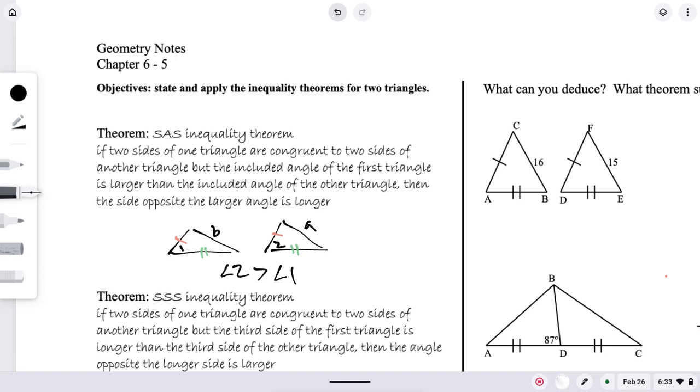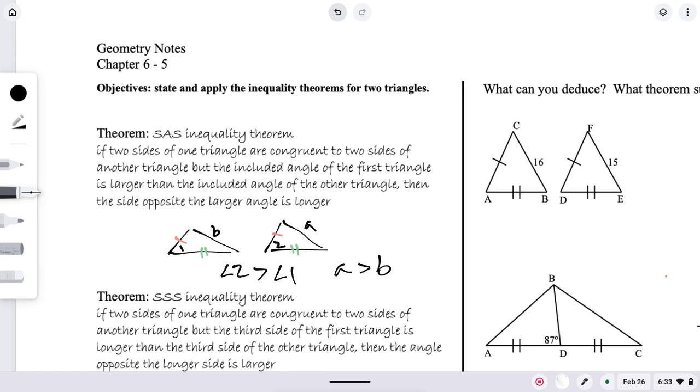So these are two different triangles where I have a side and a side. If I had that included angle, 1 and 2, if they were congruent, then A and B would be the same. But if 2 is a little bit bigger than 1, then A has to be a little bit bigger than B. That's what we're trying to figure out. So A ultimately is bigger than B, and that's apparent.